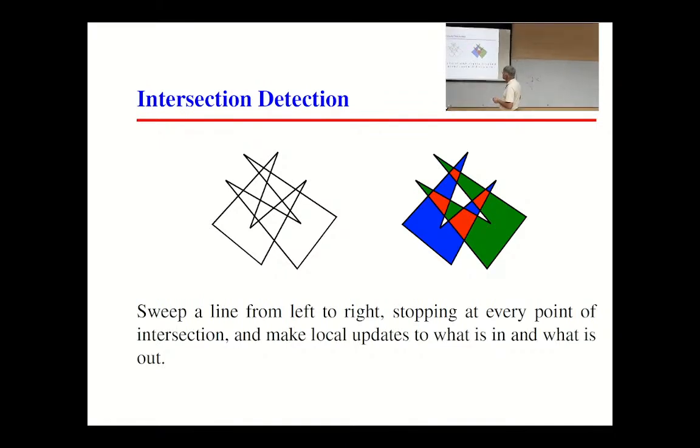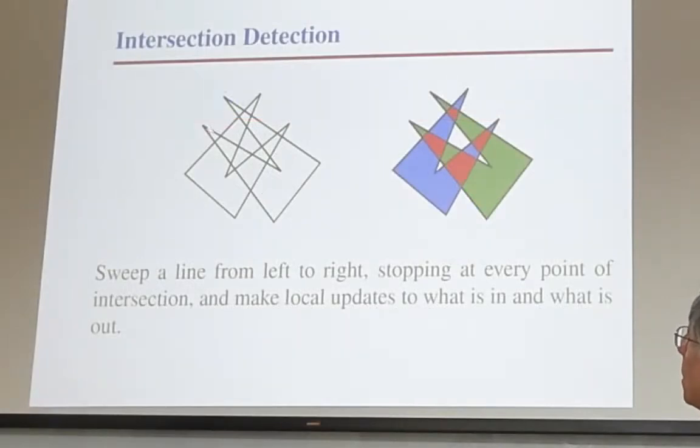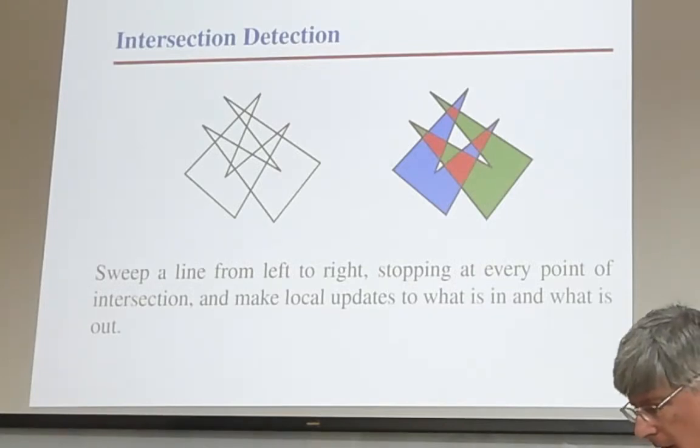What are the interesting events? The interesting events are going to be when new segments get created, and when segments get destroyed because we have walked past them, the rightmost point. What is going to be the interesting idea? When we are sweeping from left to right, what are we going to want to do?